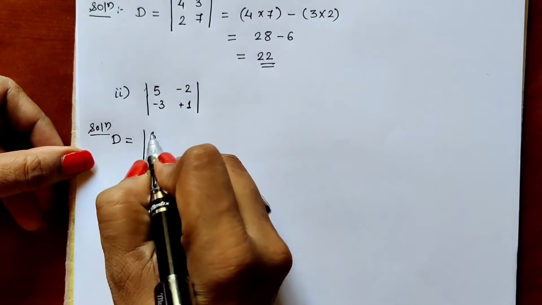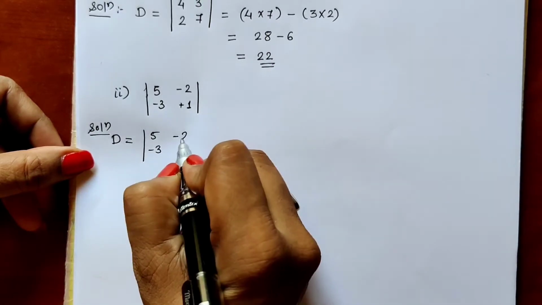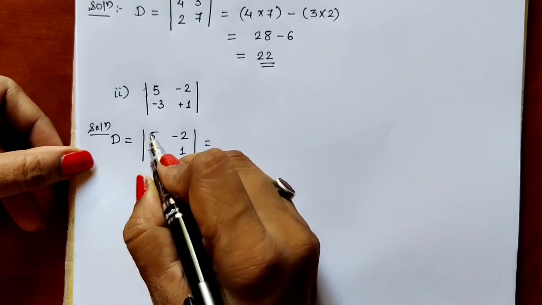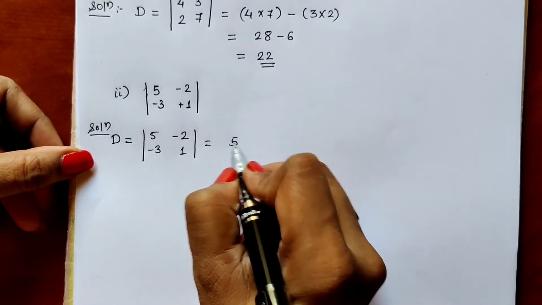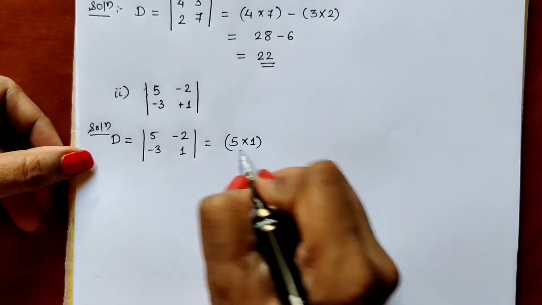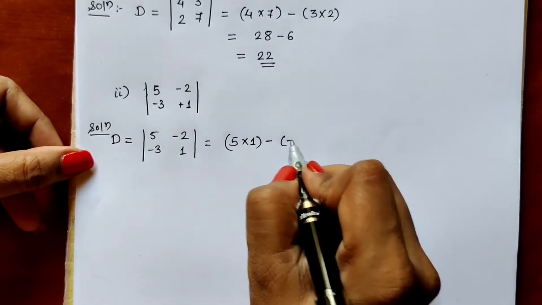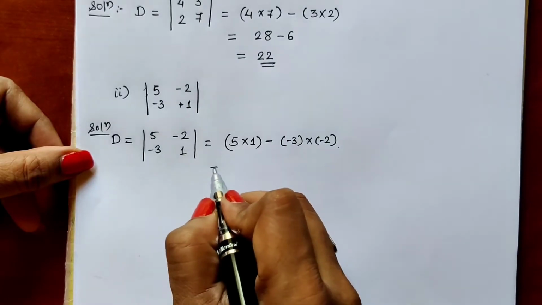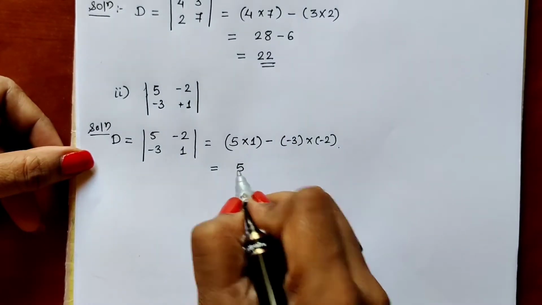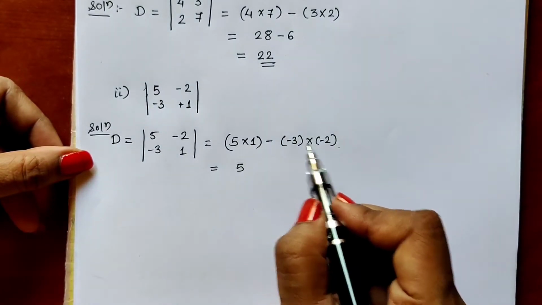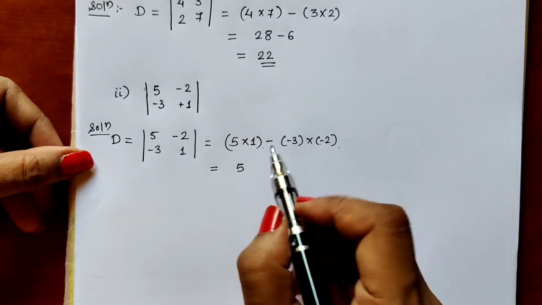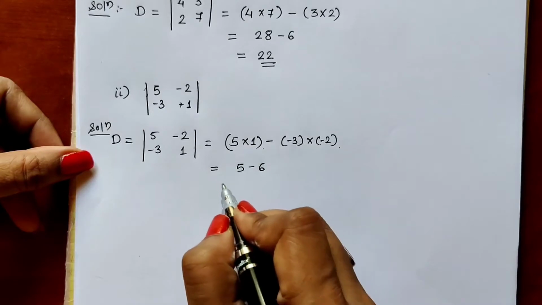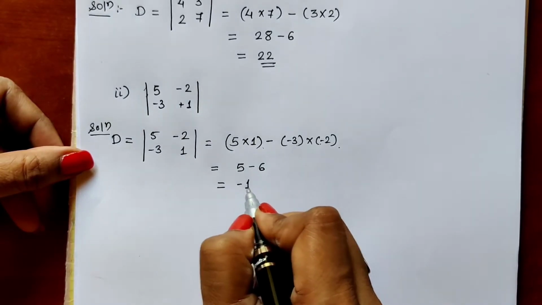Write the determinant 5 minus 3 minus 2 plus 1 is equal to cross multiply 5 into 1 minus 3 into minus 2. Multiply 5 ones are 5. Now what will be the sign here? Minus minus plus, and plus into minus will be minus again. 3 2s are 6. Plus 5 minus 6, answer is minus 1.